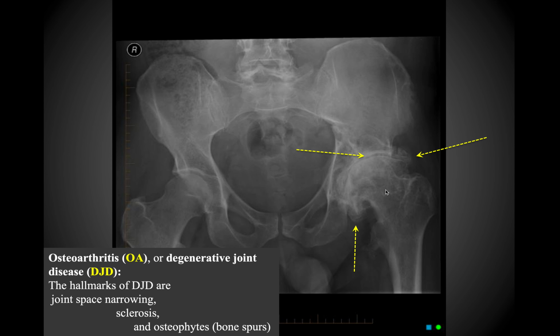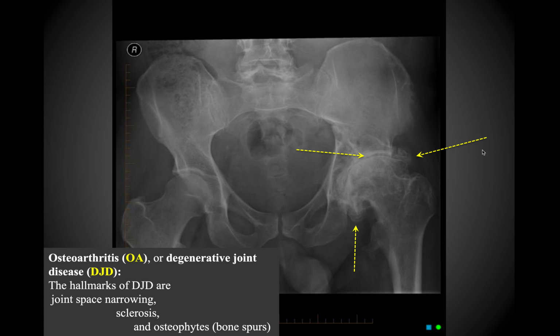So another major issue that frequently affects people in their hip joint is osteoarthritis, or OA, also known as degenerative joint disease. But OA is probably the more common way of referring to it. And so one of the hallmarks of OA is narrowing of the joint space.